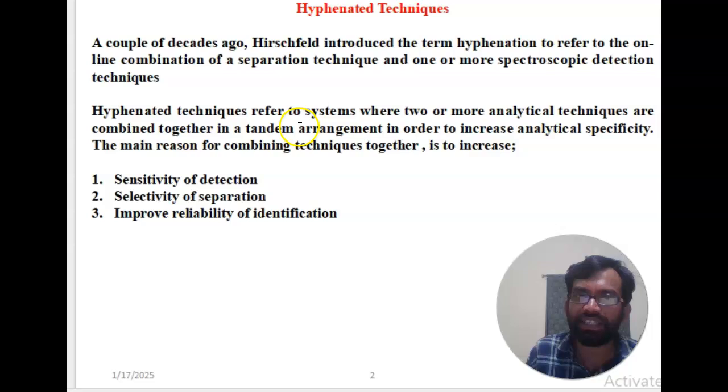So hyphenated techniques refer to systems where two or more analytical techniques are combined together in a tandem arrangement in order to increase the analytical specificity. The main reason for combining techniques together is increasing the sensitivity of detection and the selectivity of separation, and improving the reliability of identification.